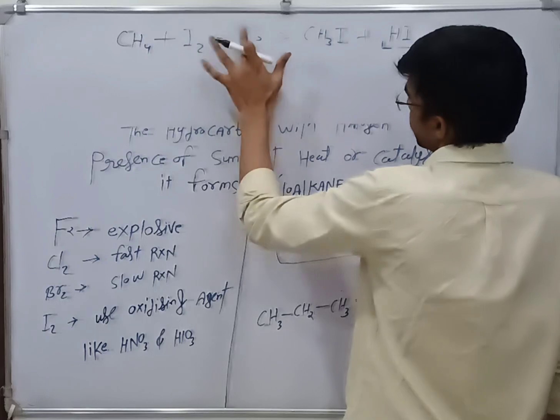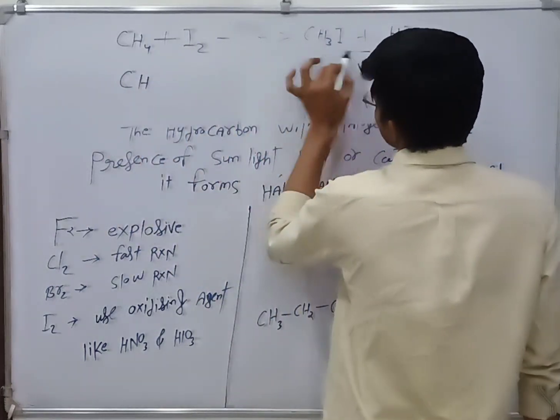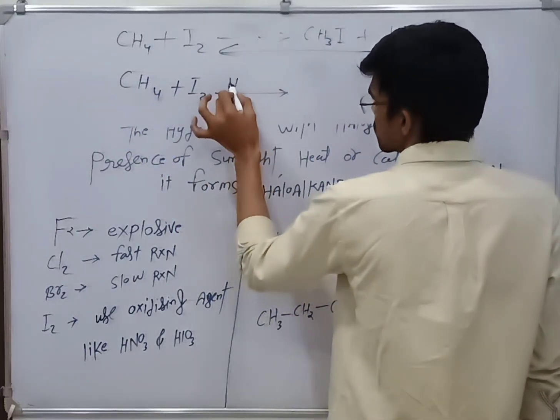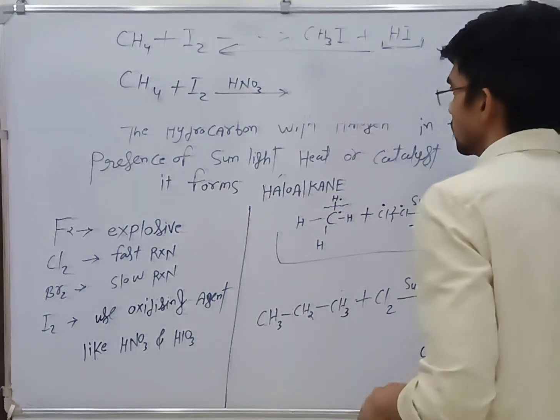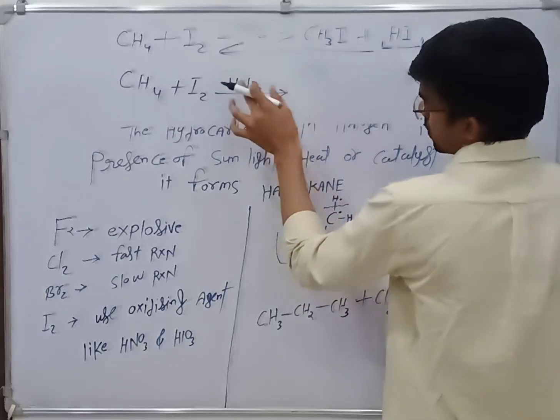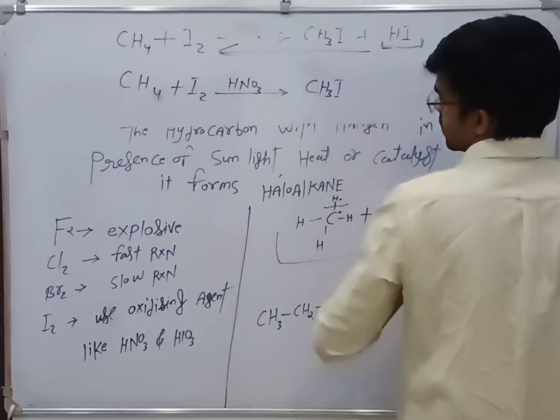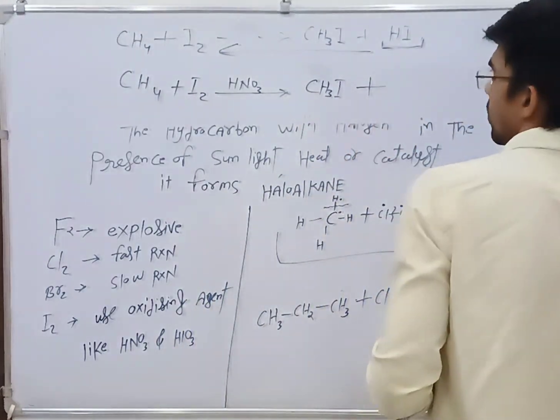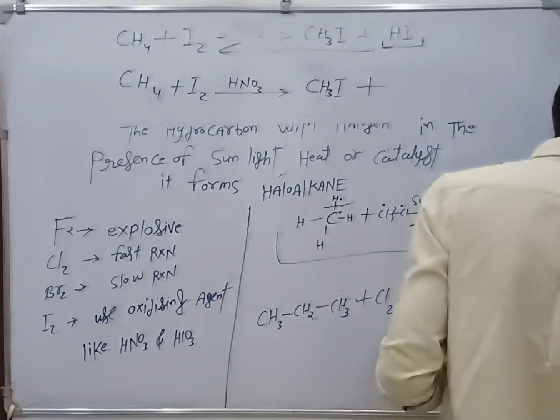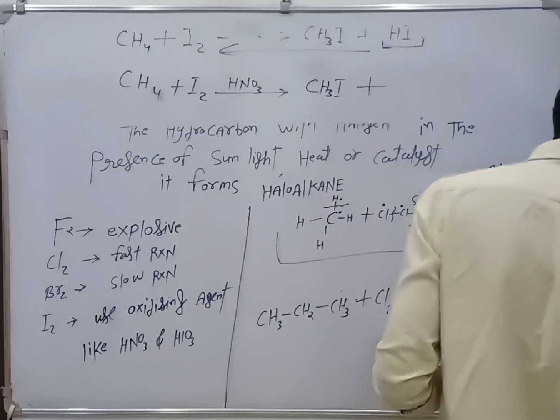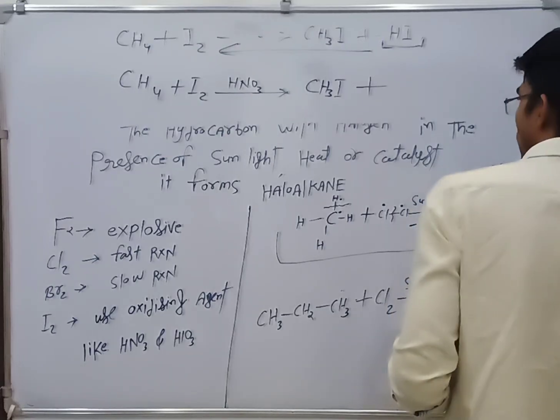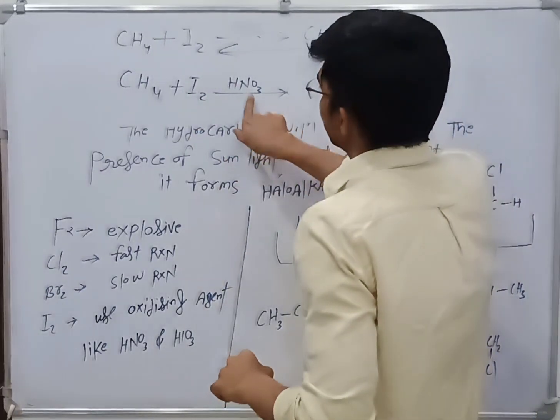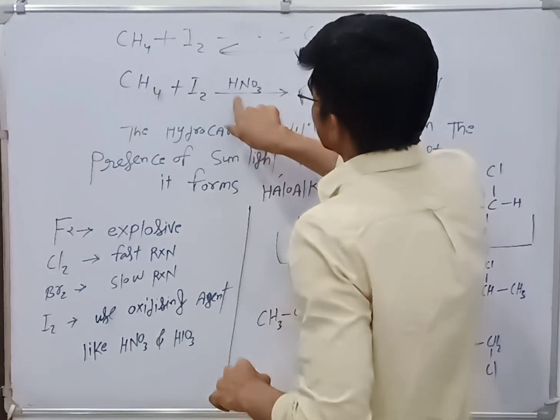So if we use HNO3, CH4 plus I2 in the presence of a strong oxidizing agent will form the iodo product, and the HI will be oxidized, while HNO3 is reduced to NO2 and H2O.